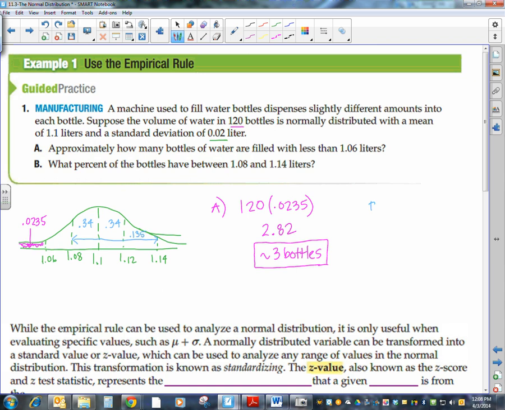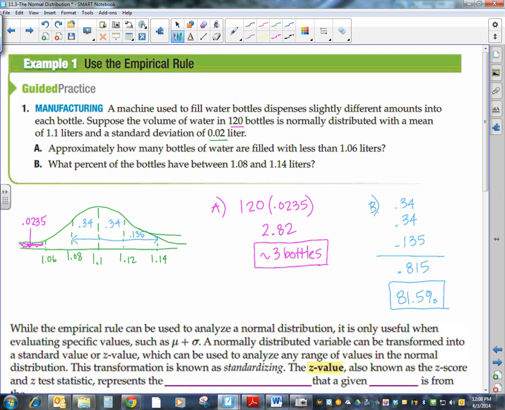So I'm going to add those up. 0.34, 0.34, 0.135, and we're going to get 0.815. And you can leave it like that, or you can answer 81.5%. Either one is acceptable.